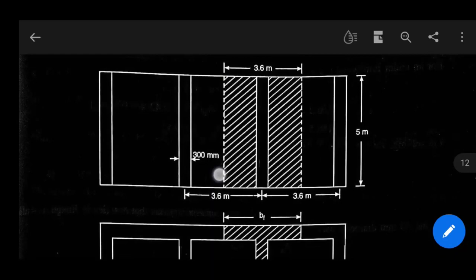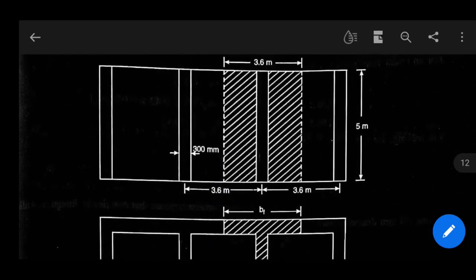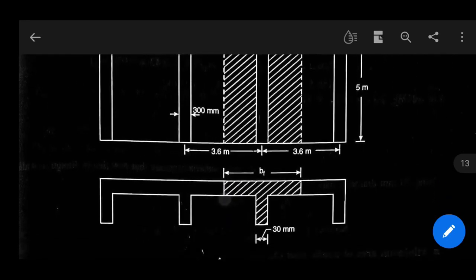So as per the question, the diagram will be like this. 300 mm is the width of web, center to center distance is 3.6 meter, and 5 meter is the length.